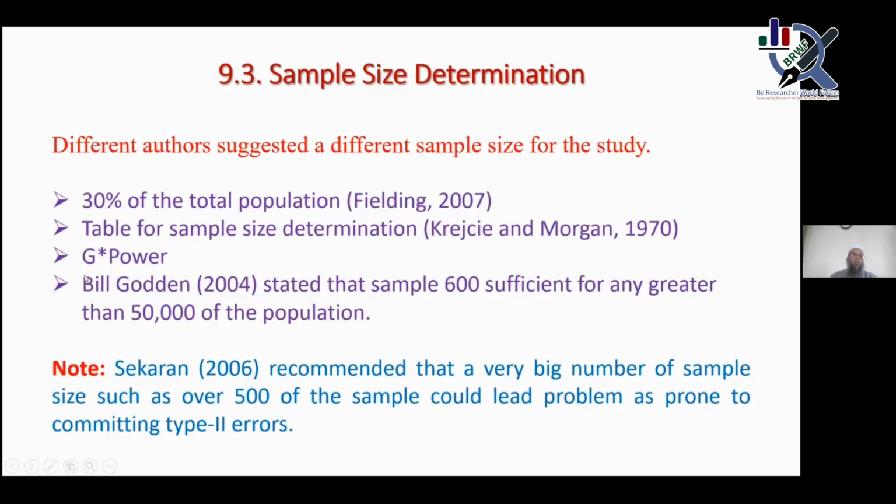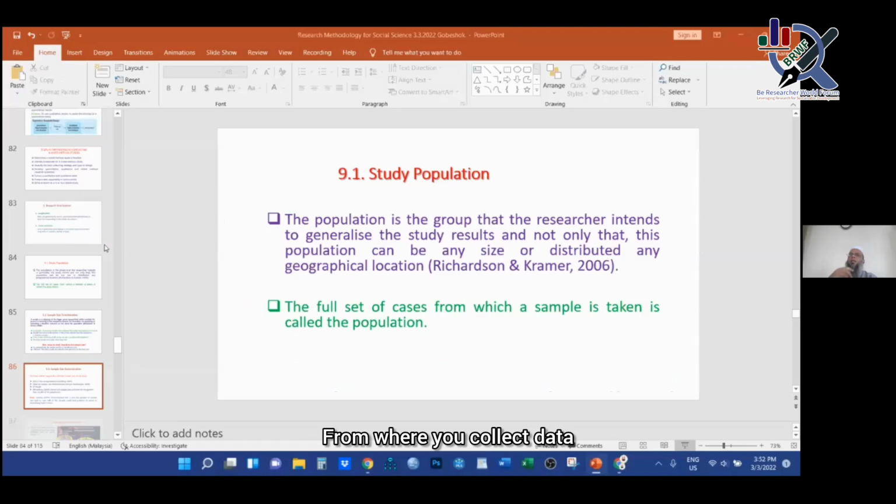And G power is for when your population is unknown. Do you have any idea what it means when the population is unknown? From where do you collect data?